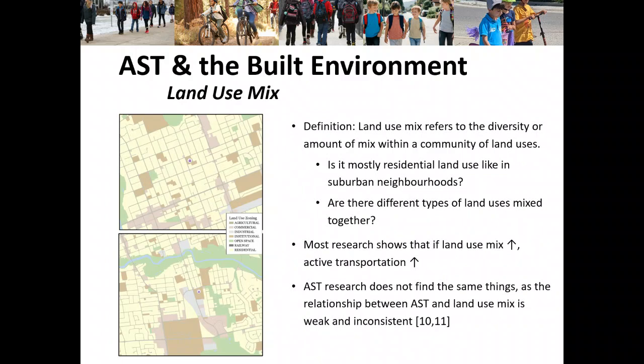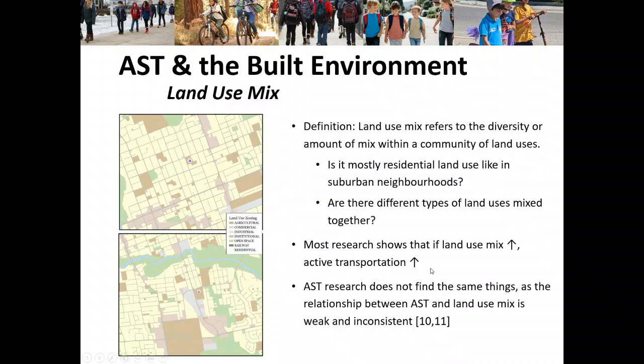The first element of the built environment is land use mix. Land use mix refers to the diversity or amount of mix within a community of what its land uses are. So is it mostly residential land use, like you see in suburban neighborhoods? Or are there different land use types mixed together to create a much more diverse neighborhood?